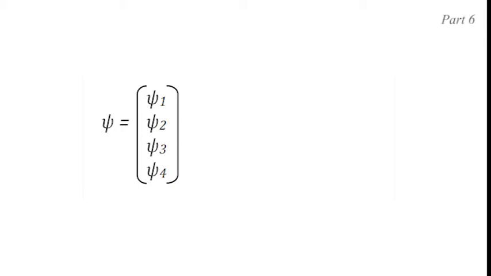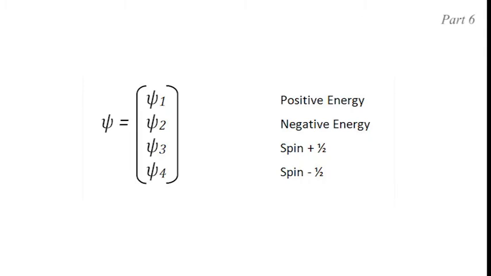The 4 components this time relate to positive energy, negative energy, spin plus a half and spin minus a half. So a psi representing, say, an electron would contain information as to whether the electron was spin plus a half or spin minus a half, and whether it had positive or negative energy.